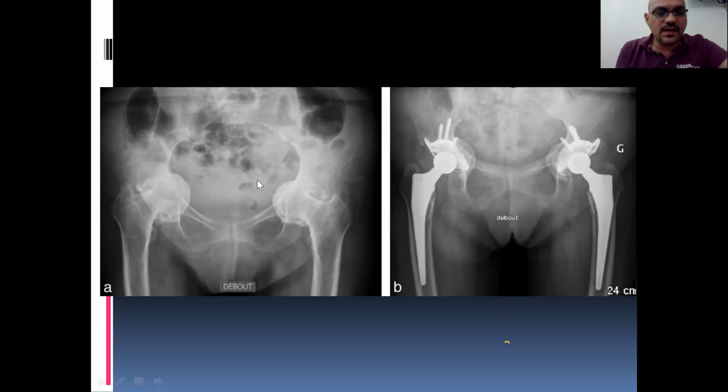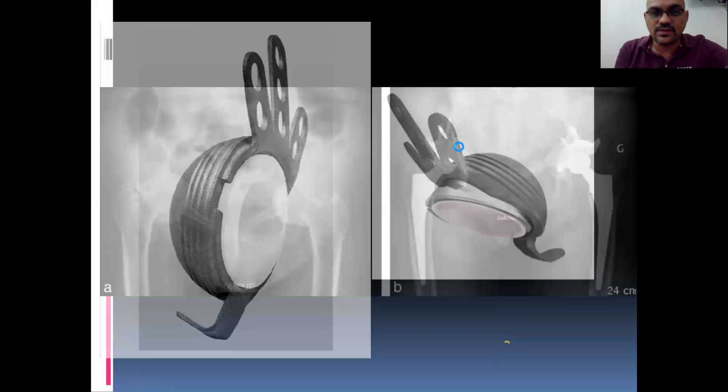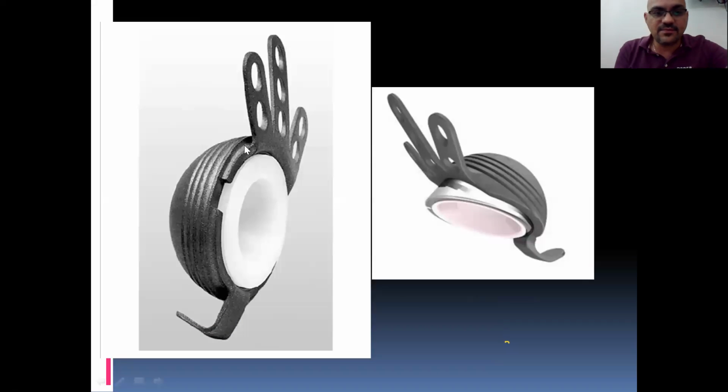Also, you can see this is a flanged cup that prevents medializing the cup of the acetabulum during reaming, and you can see the grafts in both right and left. This is the flanged cup. You can put the polyethylene inside, or this is the anti-protrusio cage that can be put in the cup of the acetabulum, with polyethylene as well as the hip joint.